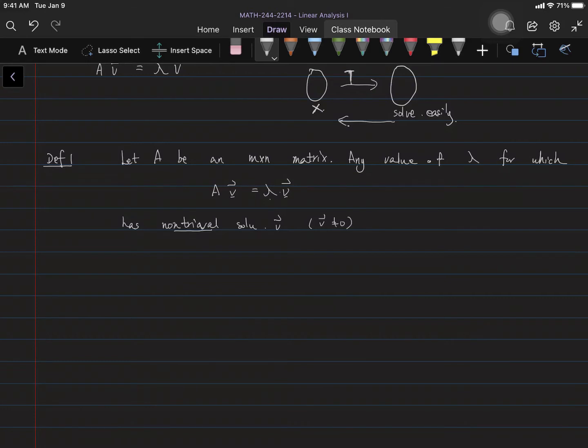And those kinds of vectors are called eigenvectors.